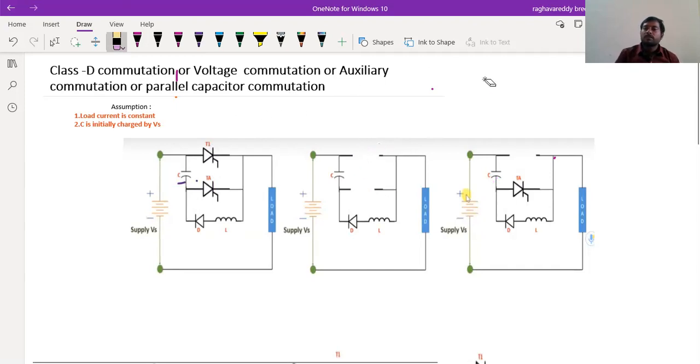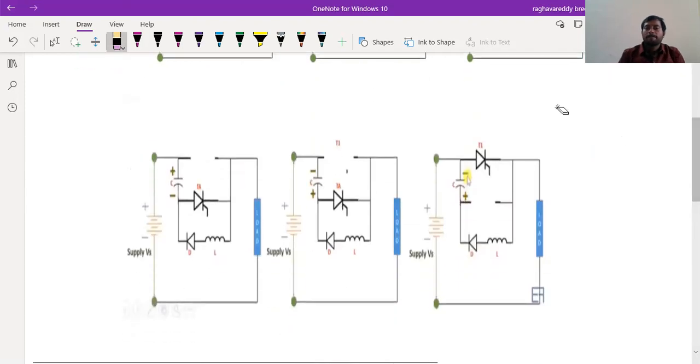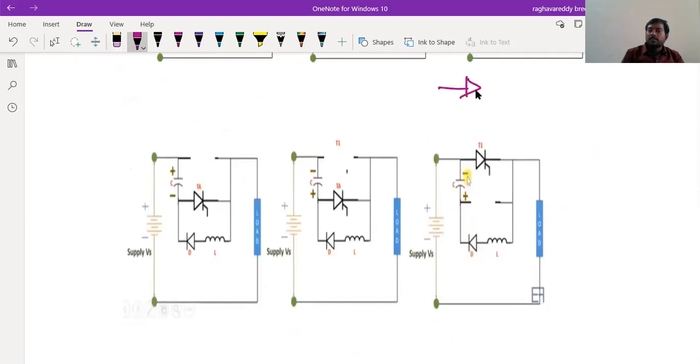Now look at the operation. Look at this figure. Previously the auxiliary thyristor is in the off condition, and the capacitor is positive and negative. If thyristor T1 is turned on, what will happen?